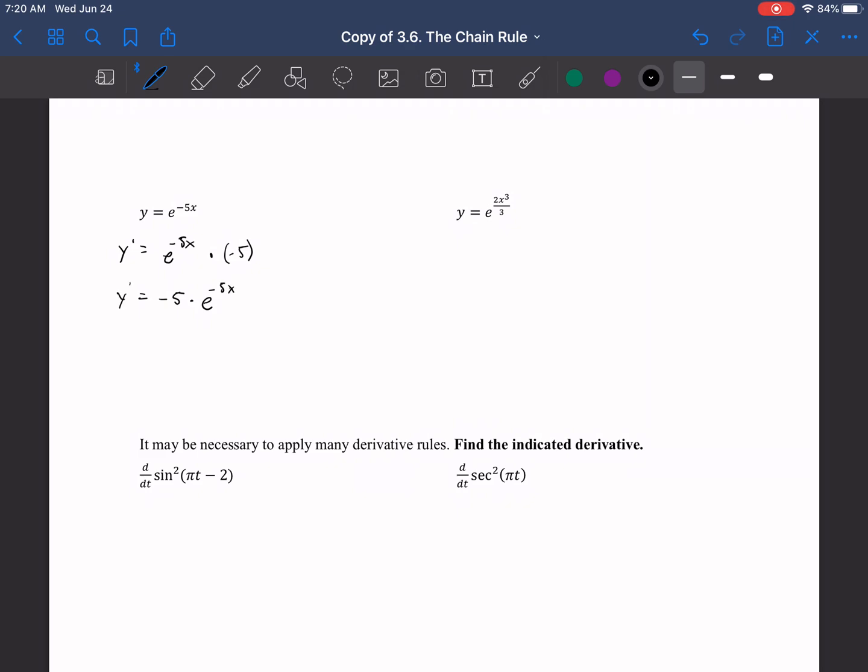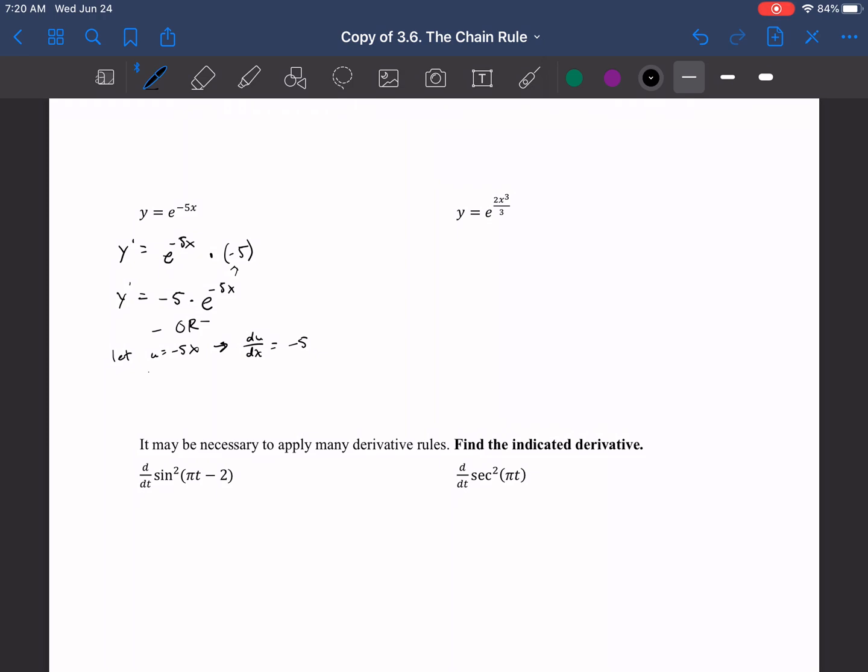Okay, and I'm going to show you it one more time with an or, just so you can see. Or you let u equal negative 5x, and then du dx is negative 5. There's that negative 5 that we got right here.